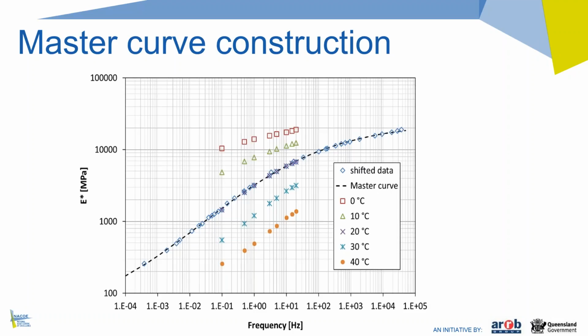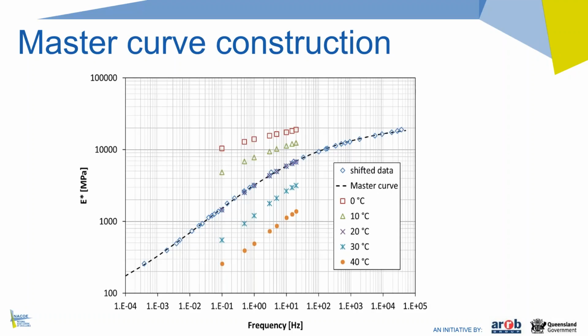So again, this is test results for 40, 30, 20 degrees, 10 degrees, and 0 degrees C. And then we shift those results in the frequency space to a single reference temperature, and in this case we chose 20 degrees C. You typically take a temperature that is in the middle of the temperature range that you tested over. I think the tech note actually requires you to shift it to 25 degrees C. Is that correct, Peter? That's correct, yeah. Okay, but that's really not important in terms of the result you're getting, as long as you do it consistently.